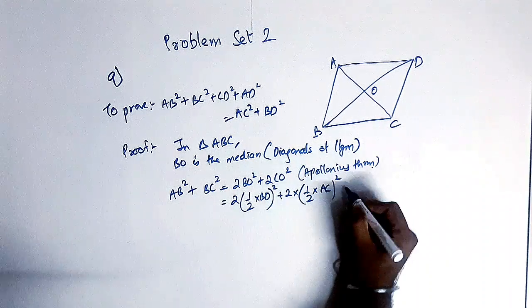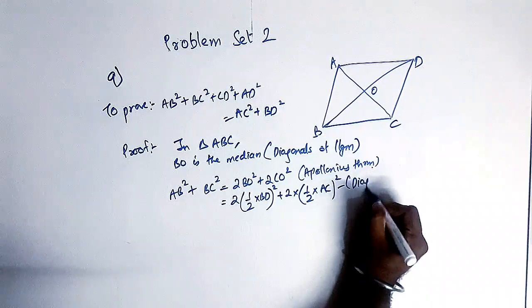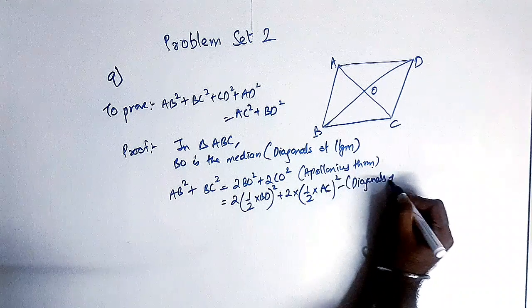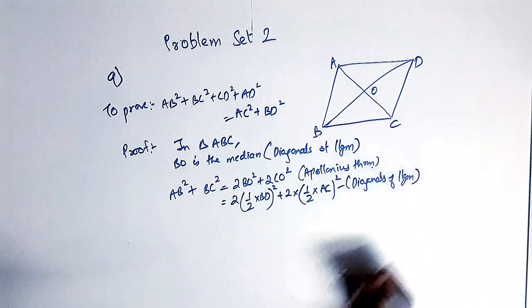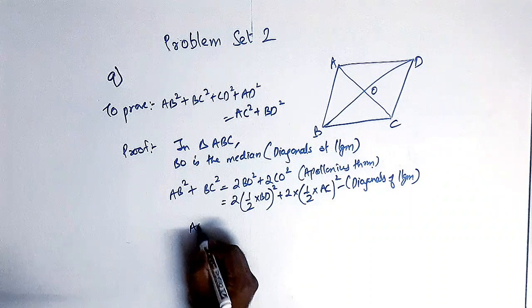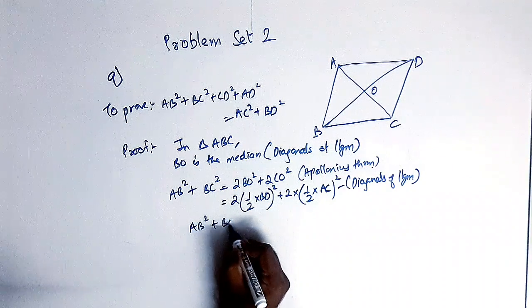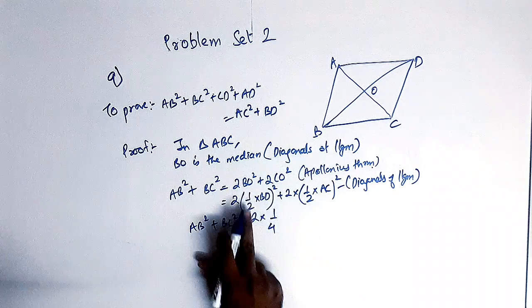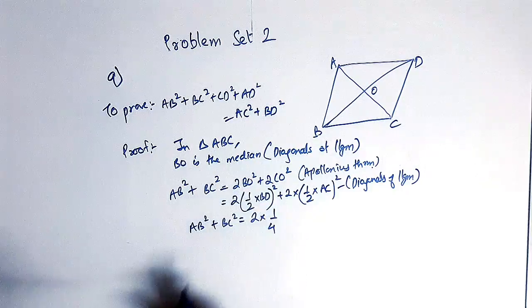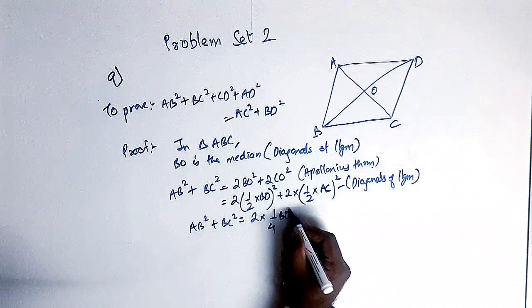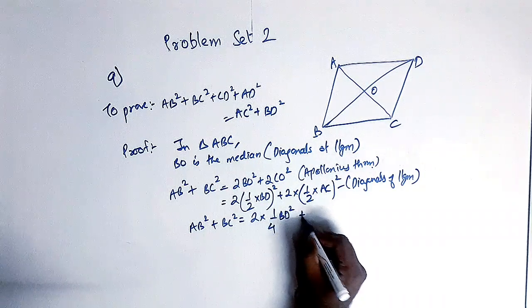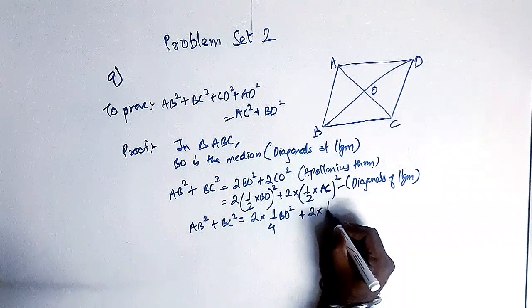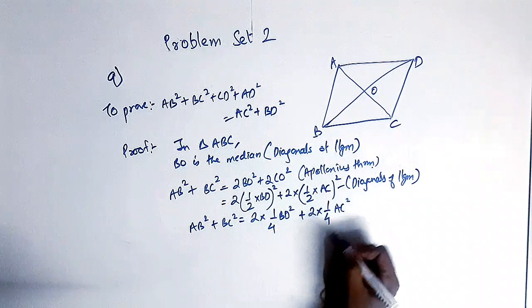Your same reason you will write, diagonals of a parallelogram bisect each other. So if you observe, this becomes AB square plus BC square is equal to half square will become 1 upon 4, 1 square 1, 2 square 4, 1 upon 4 BD square plus 2 into again half will become 1 upon 4 AC square.